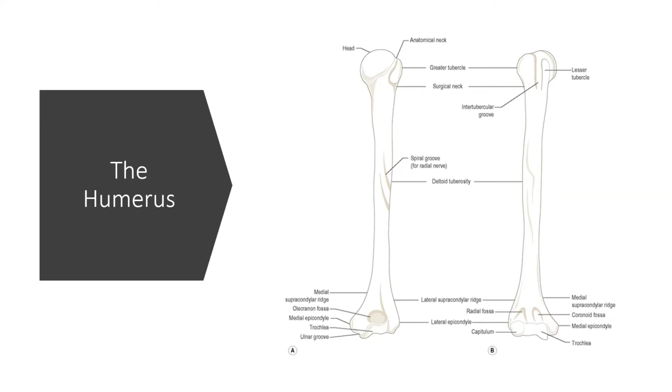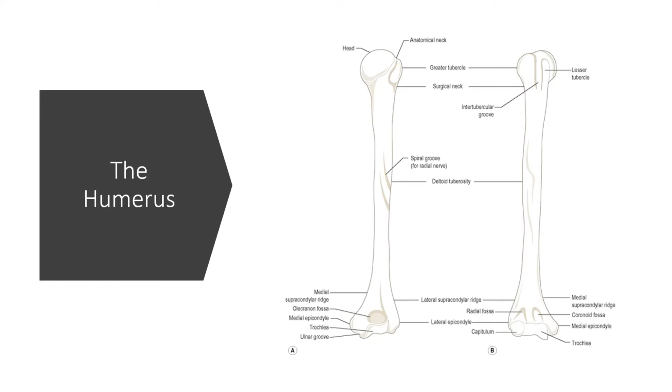All right. So if we look at the distal aspects, let's look at B first. That's anterior. We have the capitulum and the trochlea. Those are 2 articular surfaces, really important surfaces there.